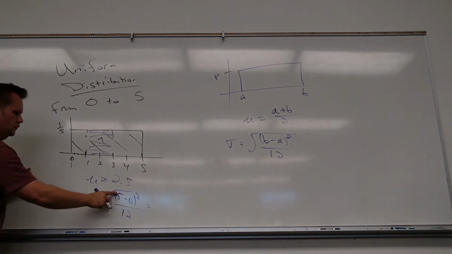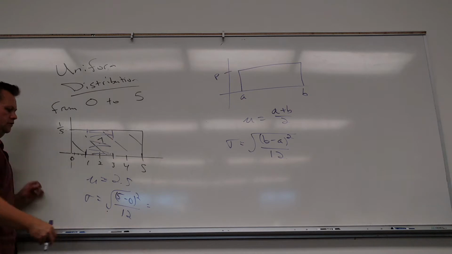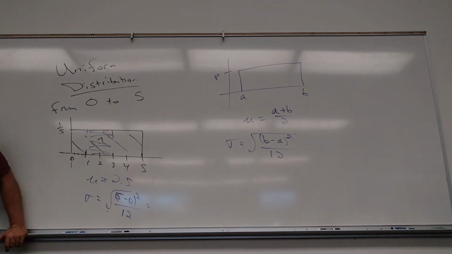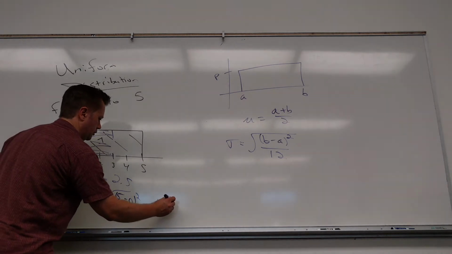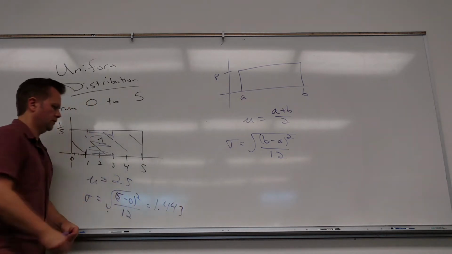Somebody help me out. That would be 5 over 3 point something. So 1.4. Is it really? 1.443. Okay.